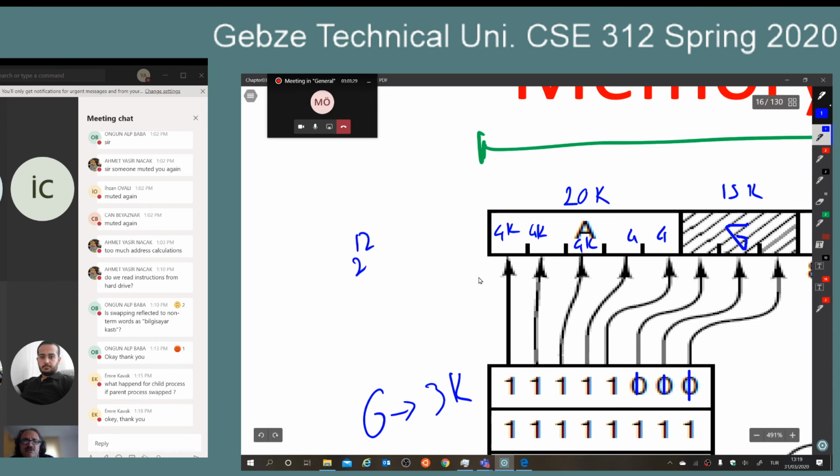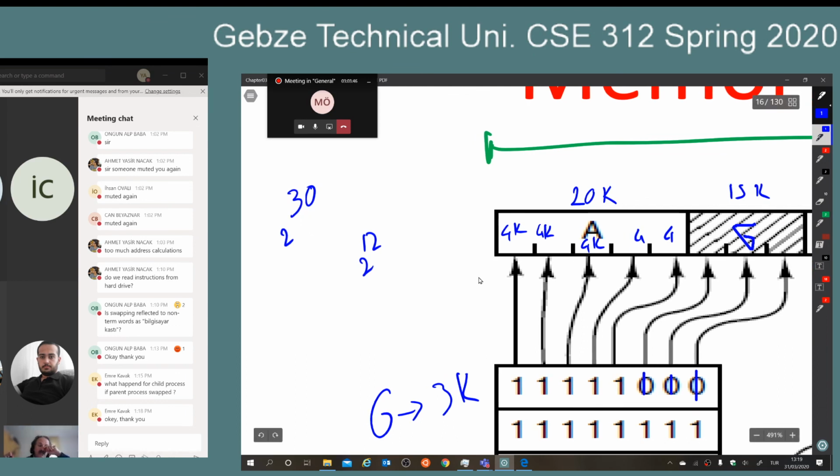This is the size, 2 to the 12. Let's say I have 2 to the 30 bytes of memory. 2 to the 10 is kilobyte, then megabyte, then gigabyte.